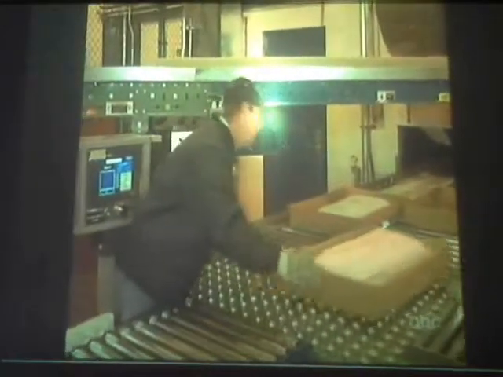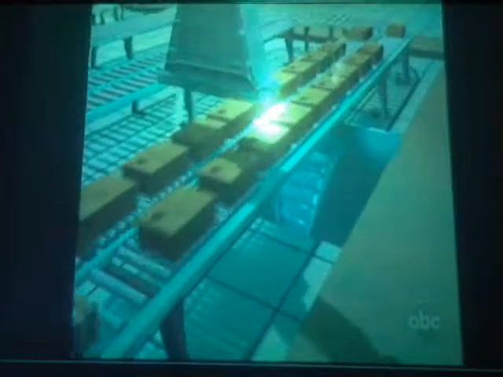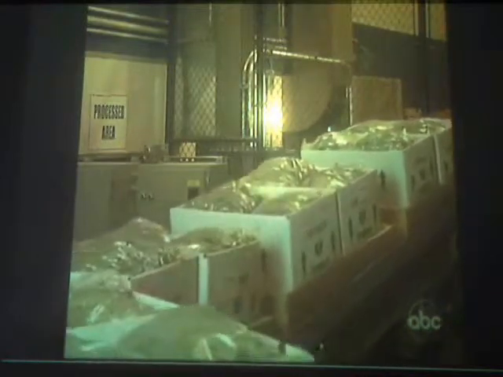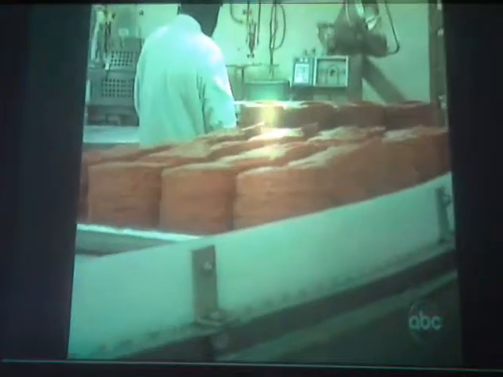Well, there's one way to make food safe: irradiate it. Irradiation moves food through a stream of ionized energy, like X-raying it, to kill bacteria. This isn't a new experimental idea. Astronauts have eaten irradiated food for years. That way NASA doesn't have to worry about them getting sick. Omaha Steaks, the gourmet mail-order meat company, irradiates all its hamburger meat.